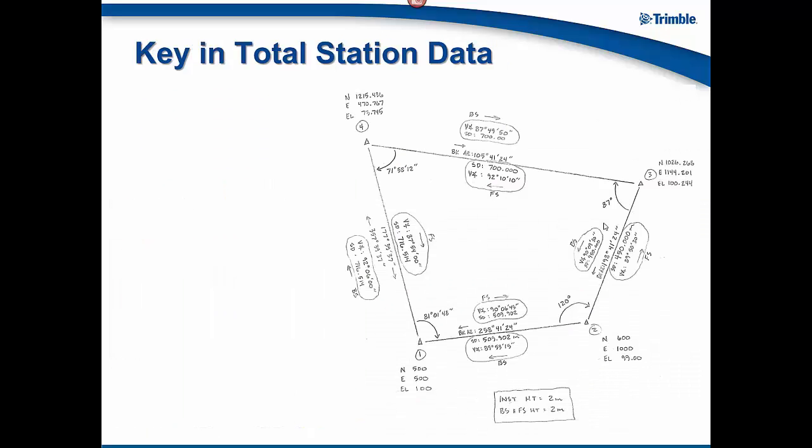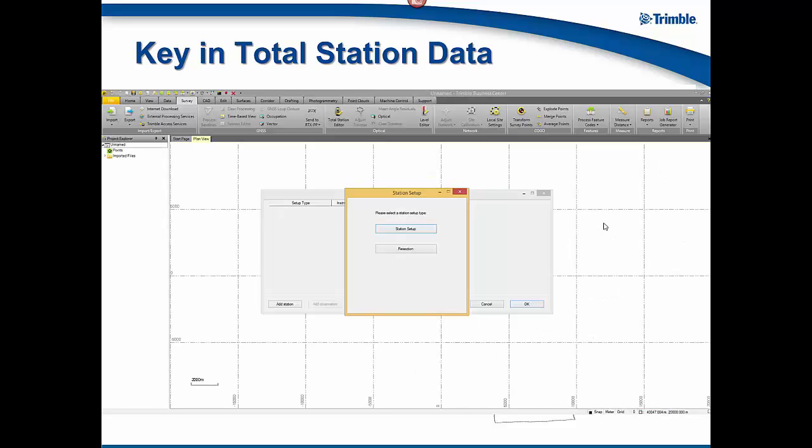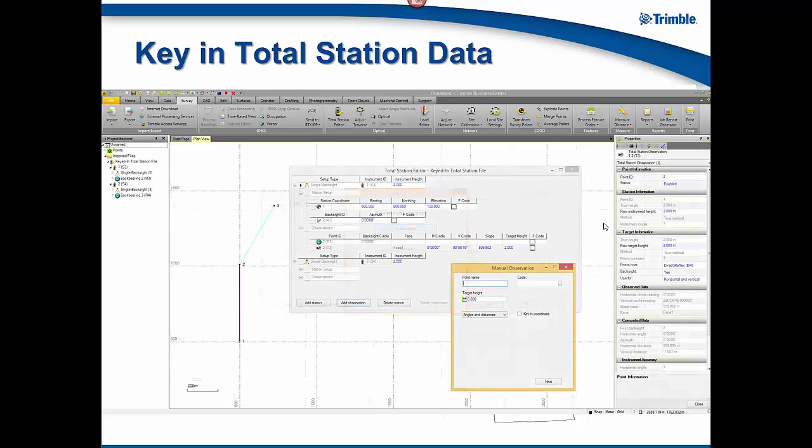But we took that a step further, and in case you have total station data written somewhere on a piece of paper, you can simply key in that total station data using the Total Station Editor. Following the same workflow as Trimble Access, you can perform station setup, resection, and key in observations like this, and all the vectors are going to be created in the plan view, just as if you imported them from a digital file.